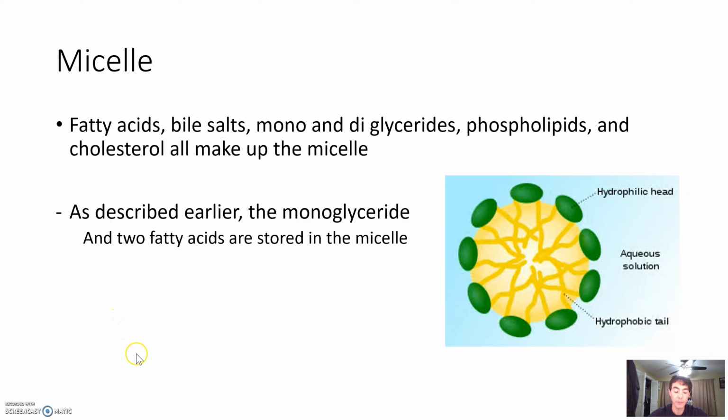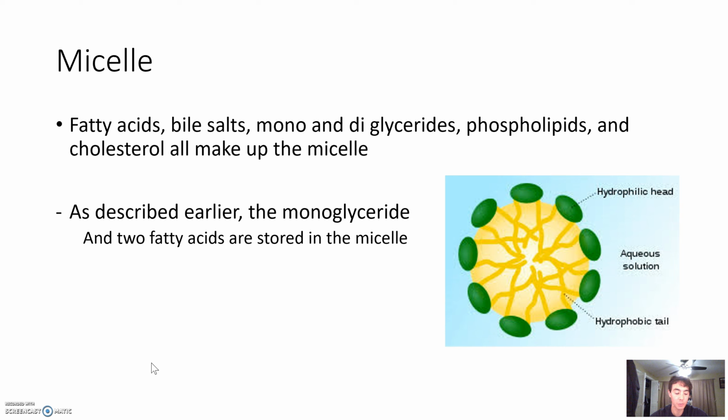The next step after lipids are broken down by lipase, the monoglyceride and the 2 fatty acids resulting from the degradation of a triglyceride are stored inside of a micelle, as we have seen in the first slide of this lecture.